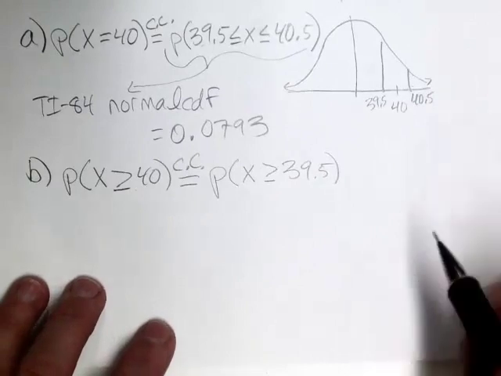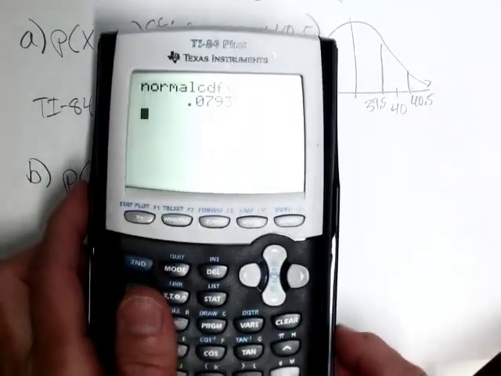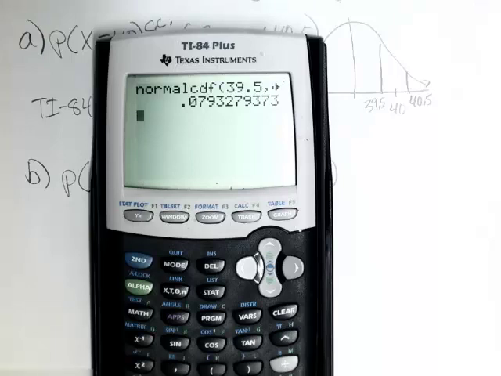Okay, so here's my lower bound for the normal distribution. My upper bound is theoretically positive infinity. Okay, and again, we're going to be using mu and sigma that we found, 41 and 4.918 respectively.